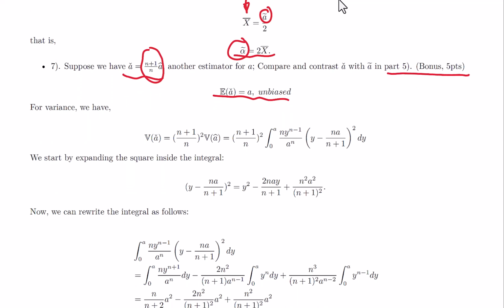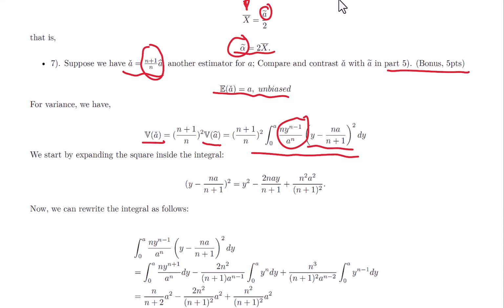That's why I put a bonus here, because think about the variance definition. First we need to know the variance of a star. So we take the variance of a hat, and this is the density function for a hat. This is the definition for variance: the expected value of y minus the expected value of y, squared. This integral is a little complicated, which is why I give you this much detail here.